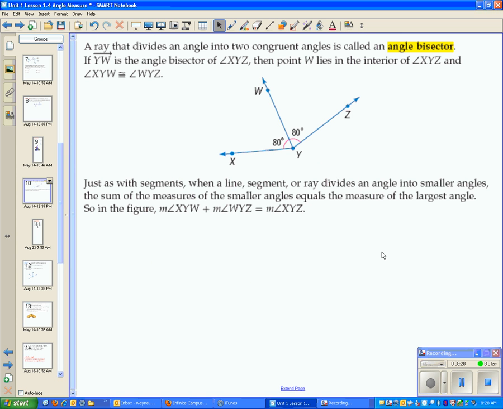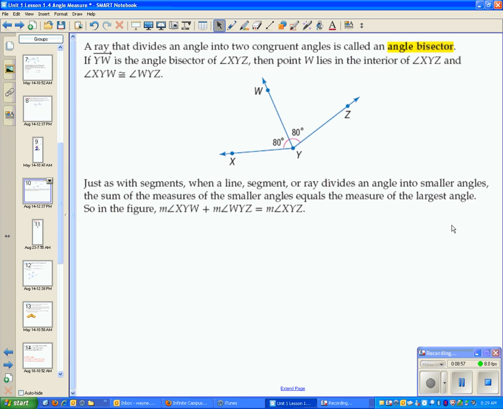All right, before we do our next construction, which is going to be the construction of an angle bisector, we need to know what an angle bisector is. So, a ray that divides an angle into two congruent angles is called an angle bisector. In this figure, ray YW is the angle bisector of angle XYZ. Okay? Why? Because it divides angle XYZ into two congruent angles.